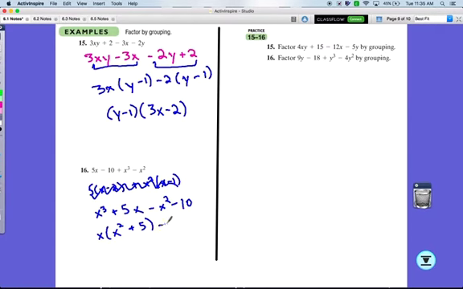I factor a negative out there, that leaves me with x squared plus 10, and still the parentheses aren't the same. And so if that is the case, you can say this is prime. There's nothing you can do to factor this one.